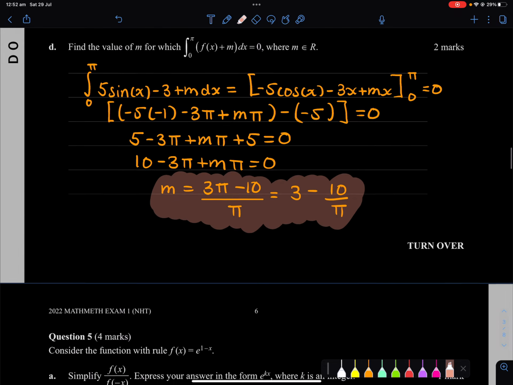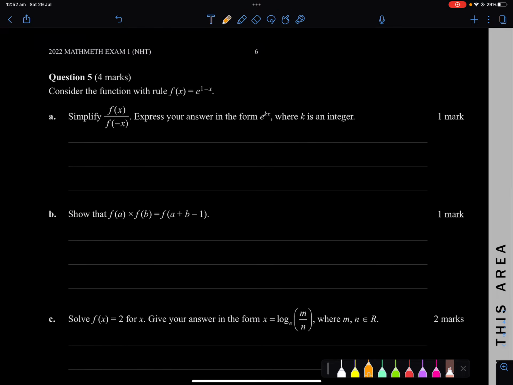Okay, let's look at the next question. It says, consider the function with the rule f of x equals e^(1 minus x). Simplify f of x, express your answer in this form. So we know that f of x is e^(1 minus x) all over e^(1 plus x).